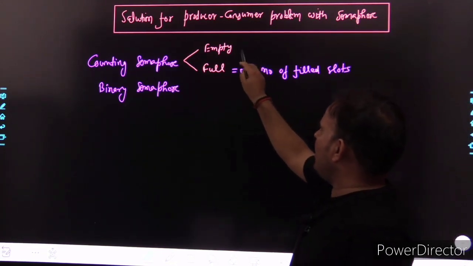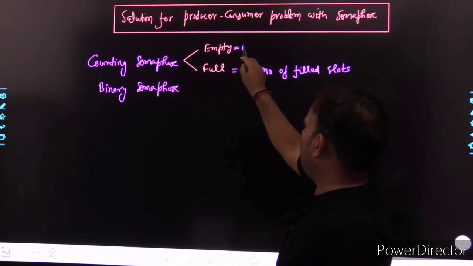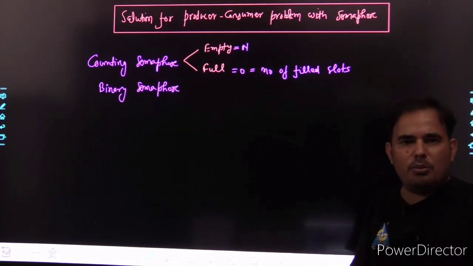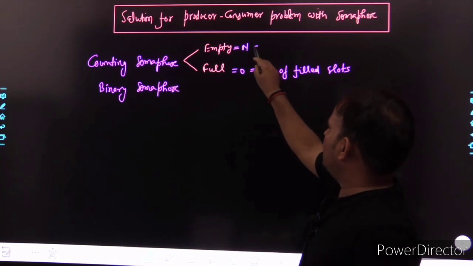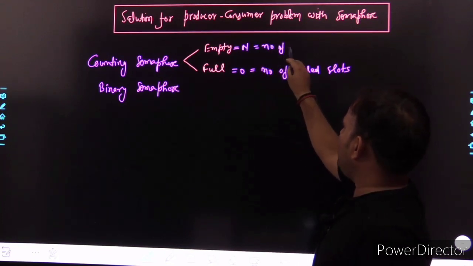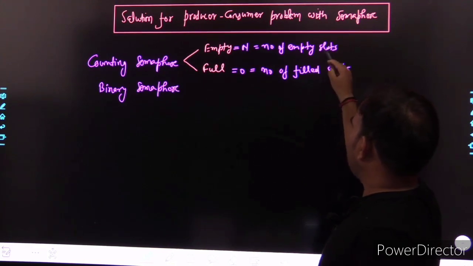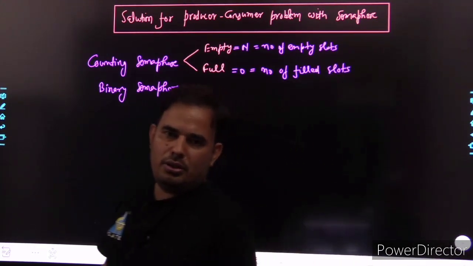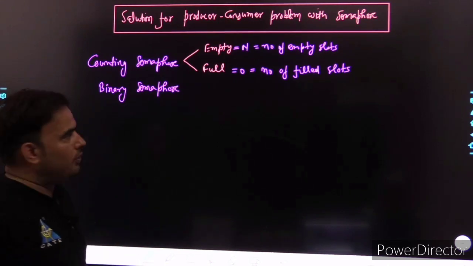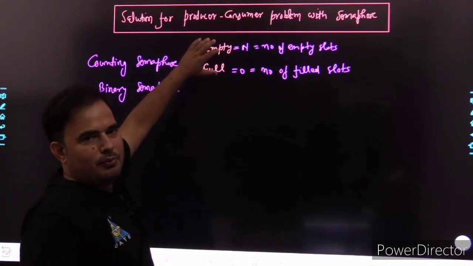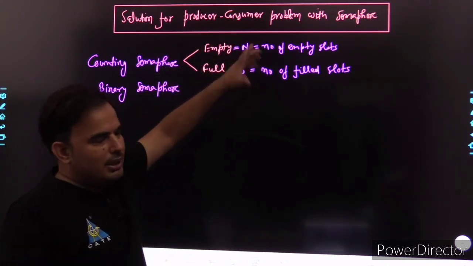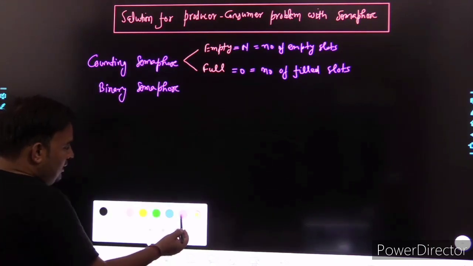And empty will give you the number of empty slots. Initially, when nothing is in the buffer, empty is n, meaning the empty count is the buffer size.